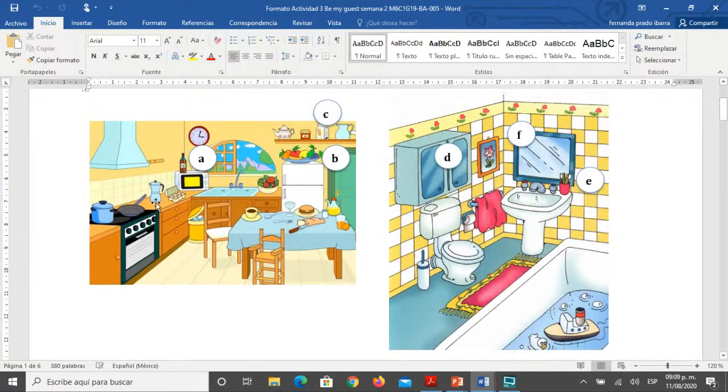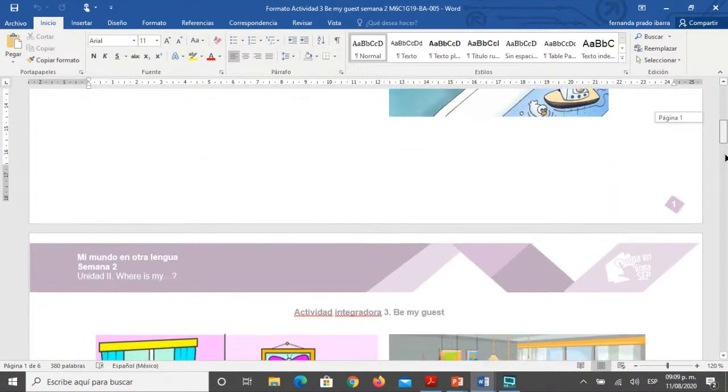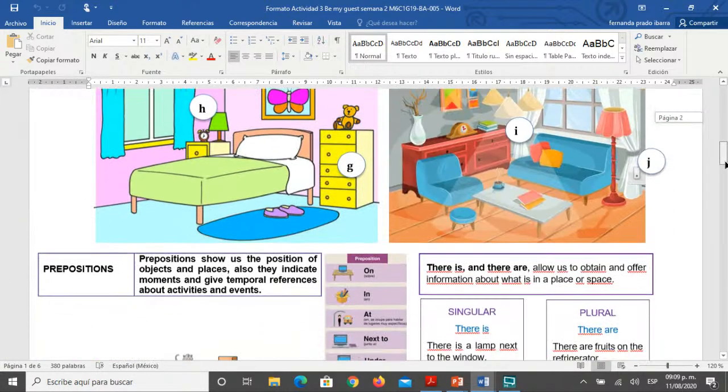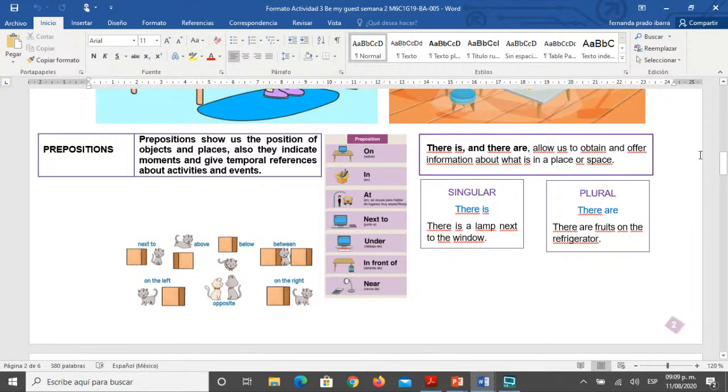First we have some images here and some letters to really indicate what we're looking at. Okay, so please notice the images. And to explain to someone else where he or she can find some stuff in our room, in our living room, in our kitchen, we're going to use prepositions. Okay, and we're going to use some grammatical notions about there is and there are in the English language.